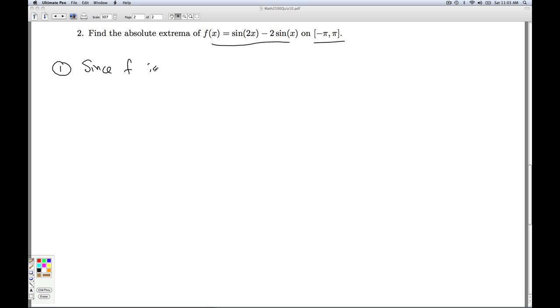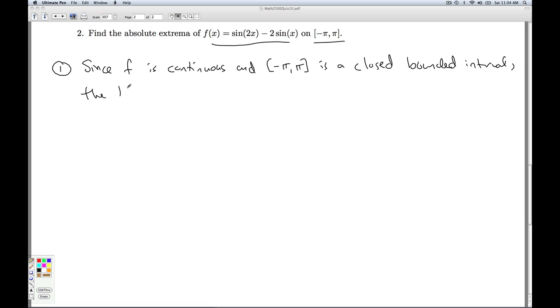So since f is continuous, because it's just combinations of sine here, and negative pi to pi is a closed bounded interval, the extreme value theorem applies.